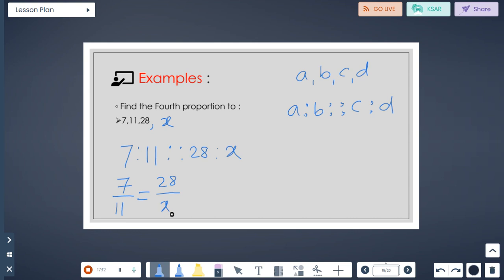Simply simplify: 7 cancels with 28, 4 times, and after cross multiplication x is equal to 11 multiplied by 4, so x is equal to 44. So the fourth proportional is x equal to 44. In this way we have to find the fourth proportional. Next question.